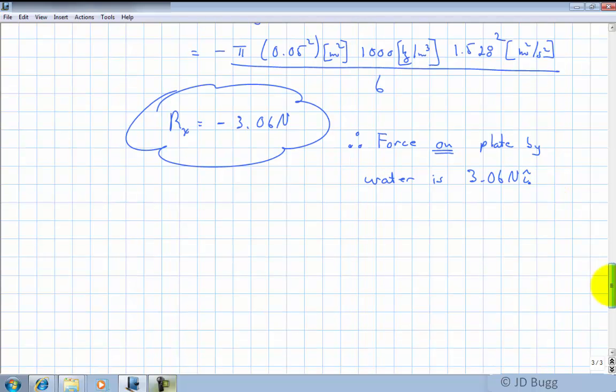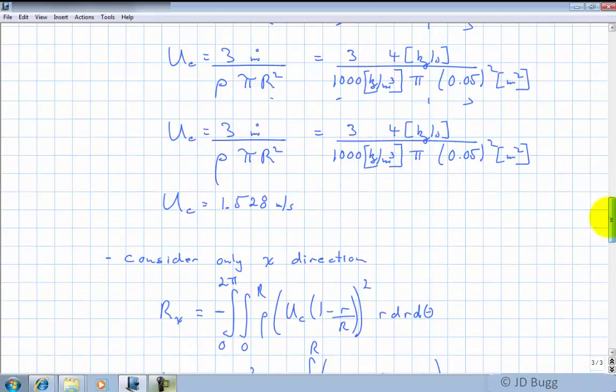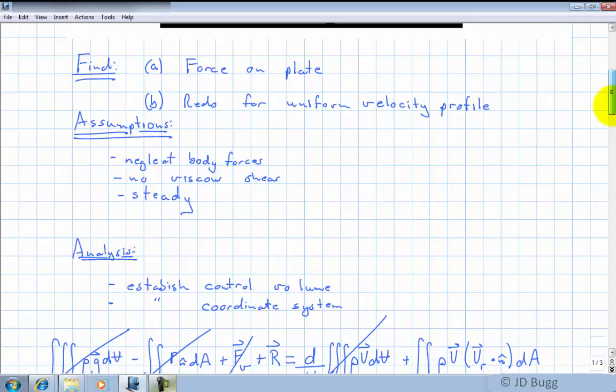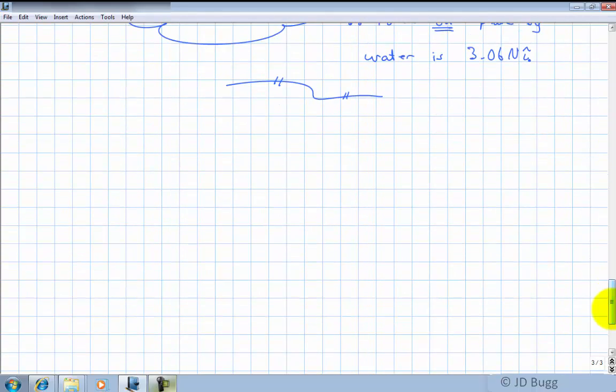So that's all good. Now, we were also asked what would happen if that inlet velocity had been uniform. So this had been a flat profile. So if the pipe exit had been uniform, so the same mass flow rate, just a flat velocity profile instead of that pointy one.